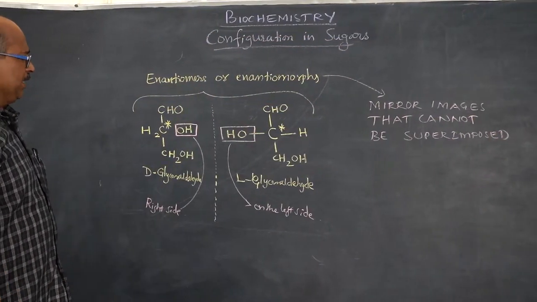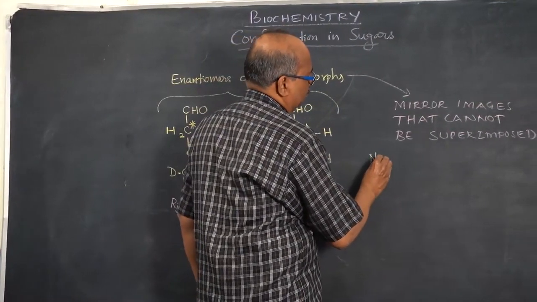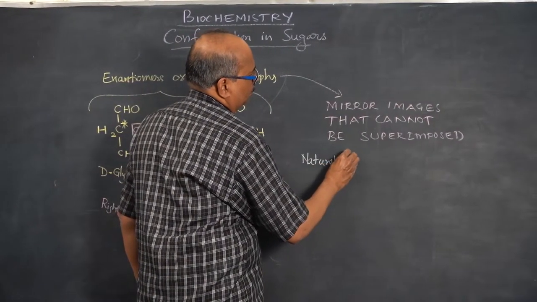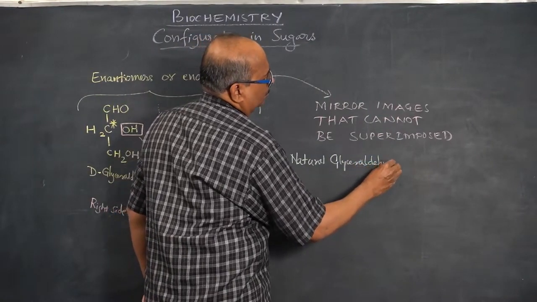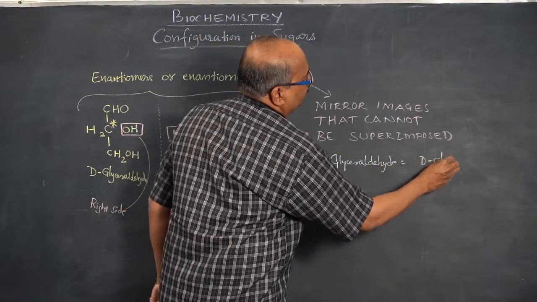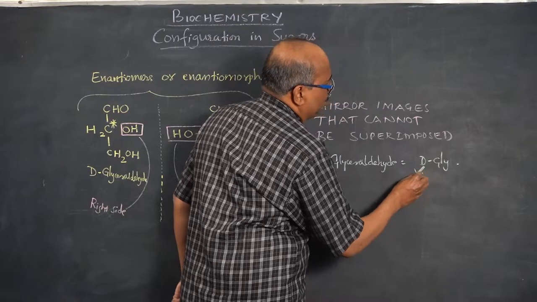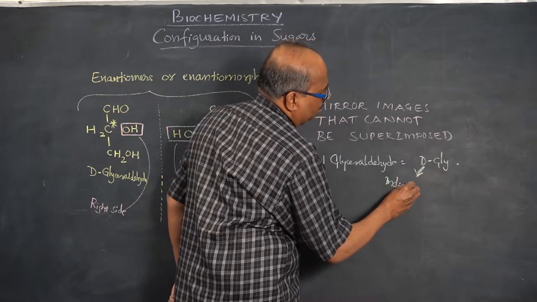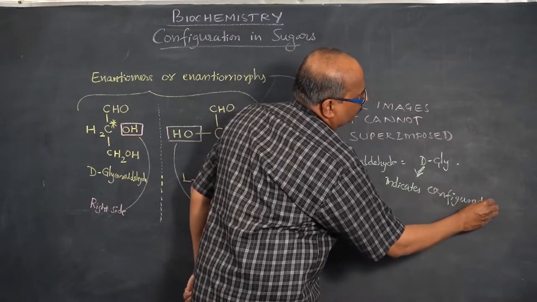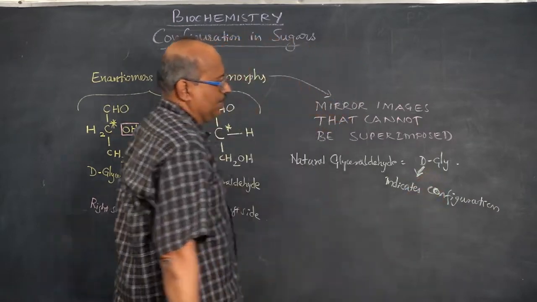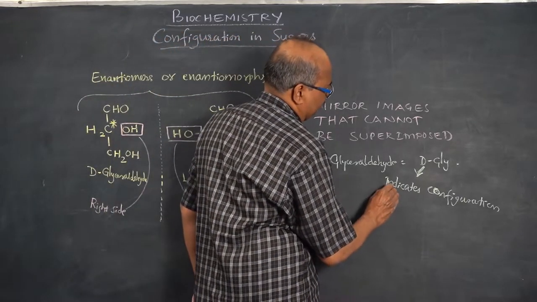So naturally occurring glyceraldehyde is D-glyceraldehyde, and in that D, always remember, indicates configuration. It indicates configuration, it won't indicate optical activity.